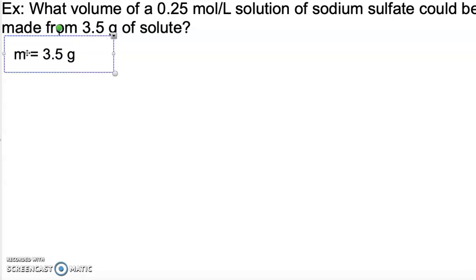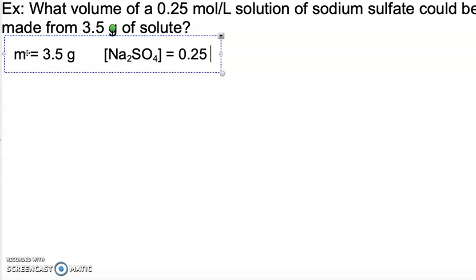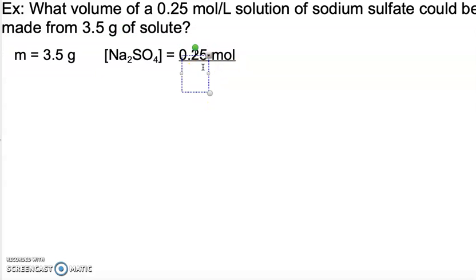Okay, we have a concentration of sodium sulfate, which is Na2SO4, and that's 0.25 moles per liter. Okay, we are going to have to go get one other thing. Right now none of our units cancels, right?